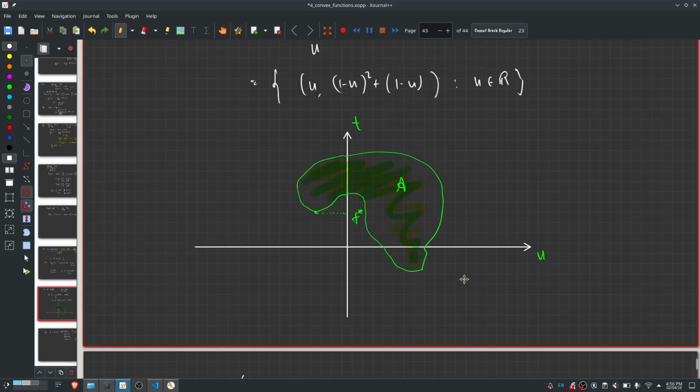So if I have a particular set A, how do you get the set G? Essentially everything above the set A and everything to the right of the set A is included.